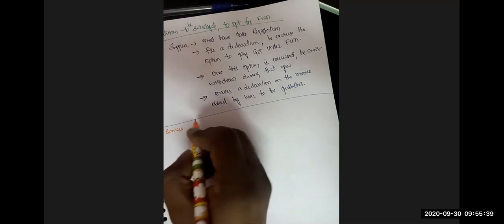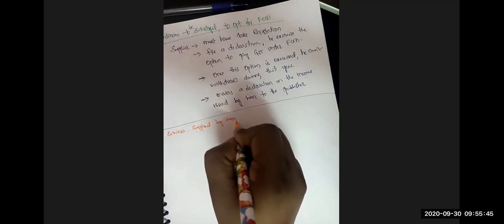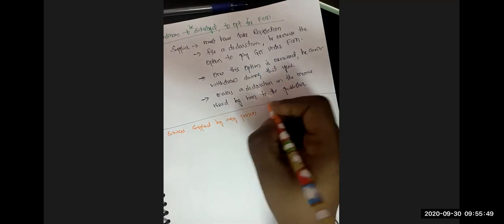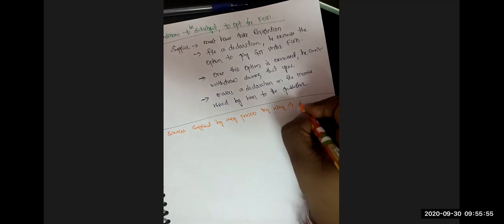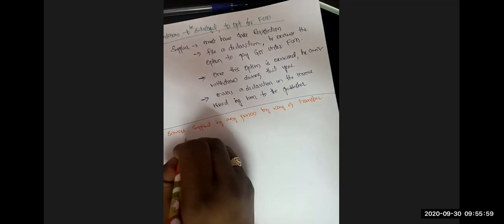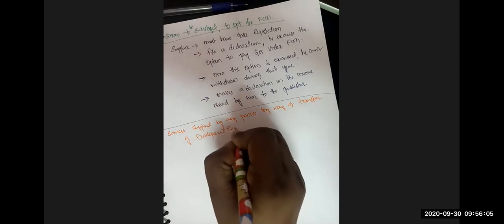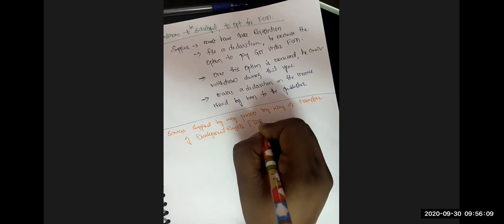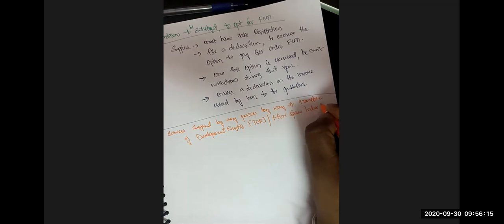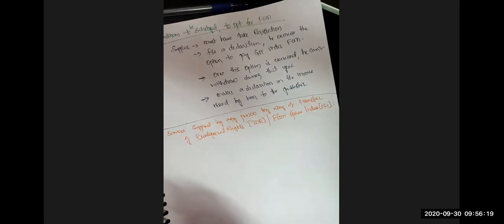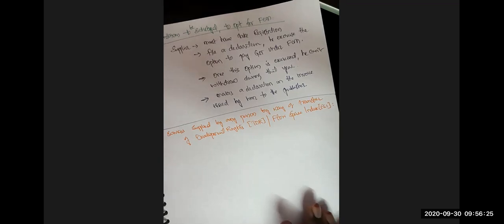Services supplied by any person by way of transfer of development rights, floor space index. Now, what is this concept about? Transfer of development rights of floor space index.